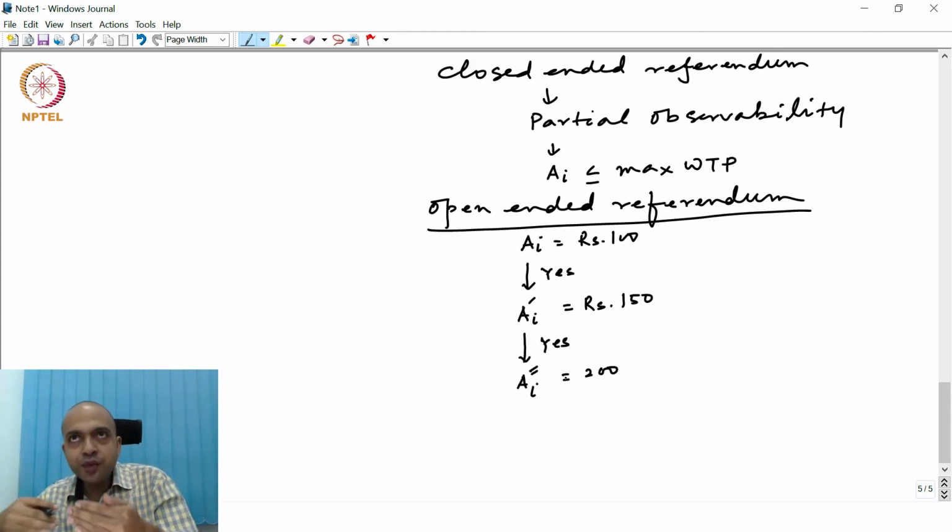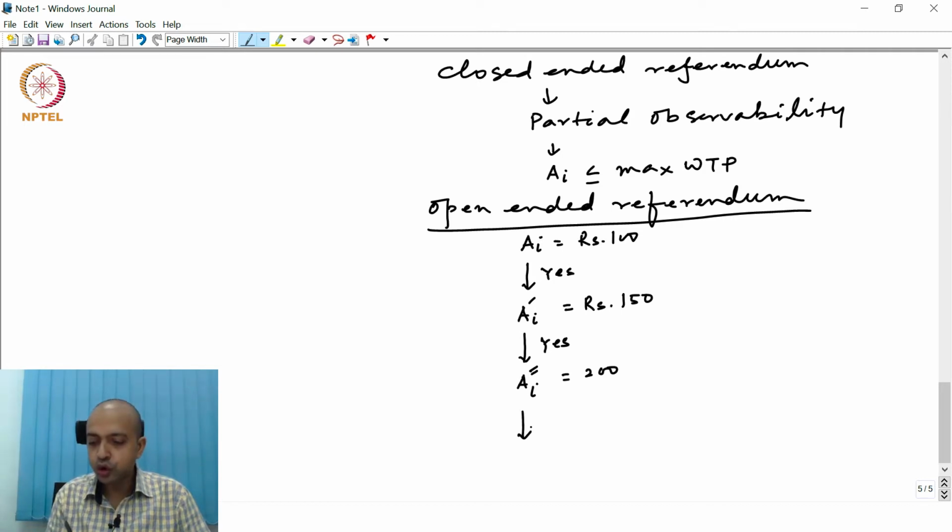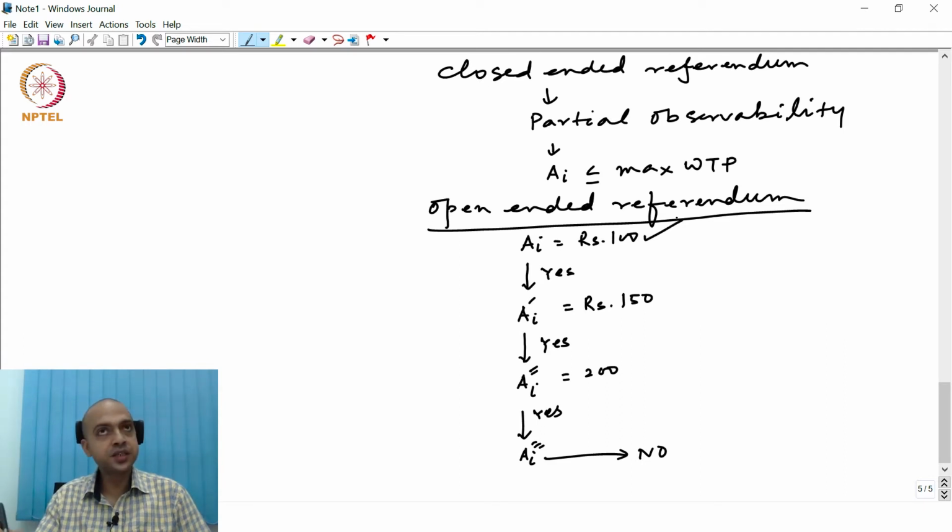So I will keep on increasing the bid till the respondent says no. So at the next stage I will ask the individual the next amount, and there the individual may say no. So when I ask 100, the individual says yes.